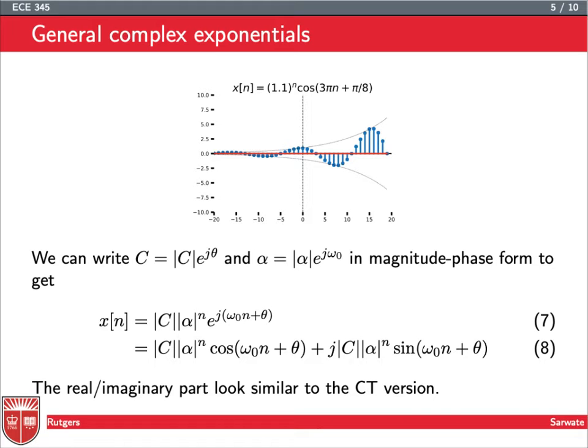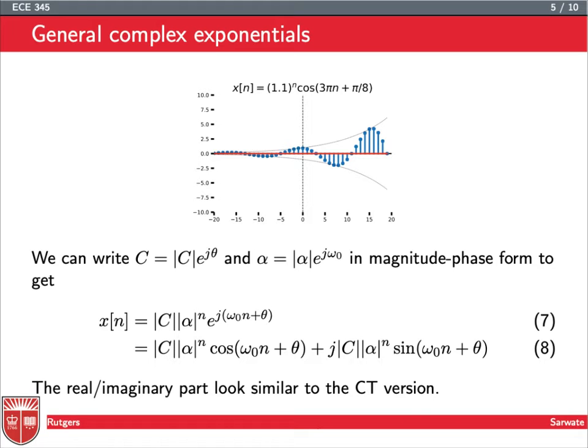And then just Eulerizing this exponential, we're going to get the cosine and the sine terms. And you can see each of these cosine and sine terms are modulated by a decaying exponential, so we're going to get very similar looking phenomena as we do in the continuous time version.